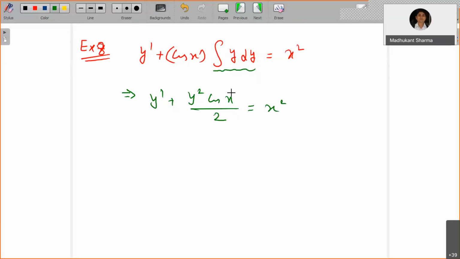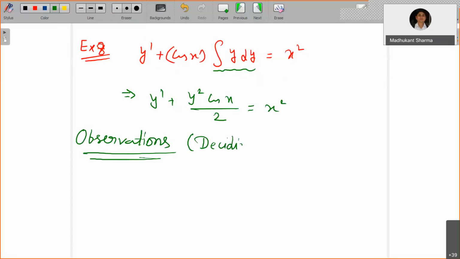So what we have observed from here, I can write as observations, or in other words, deciding order of the differential equation.